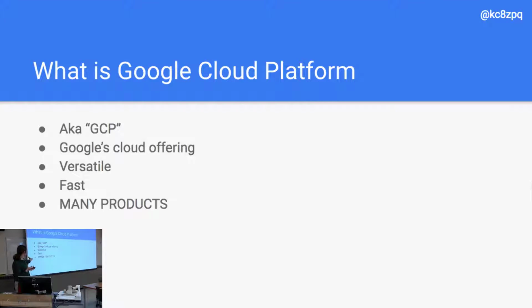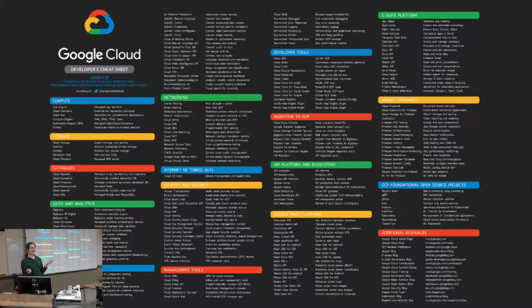And then I walked through those points already. But when I say versatile, they've got a lot of stuff, and I mean a lot of stuff. You probably can't even read that. This is their 4-word cheat sheet.